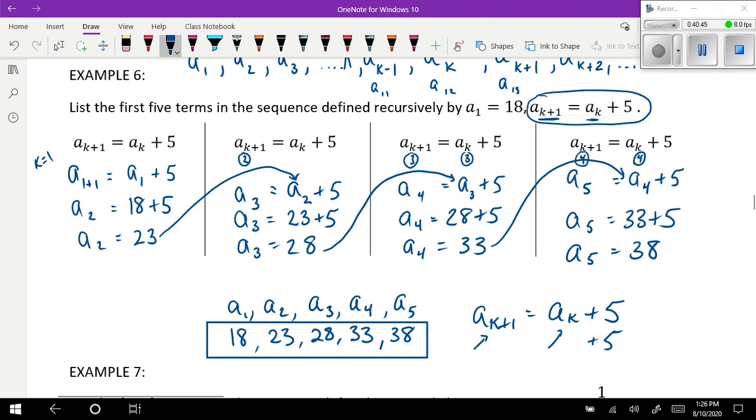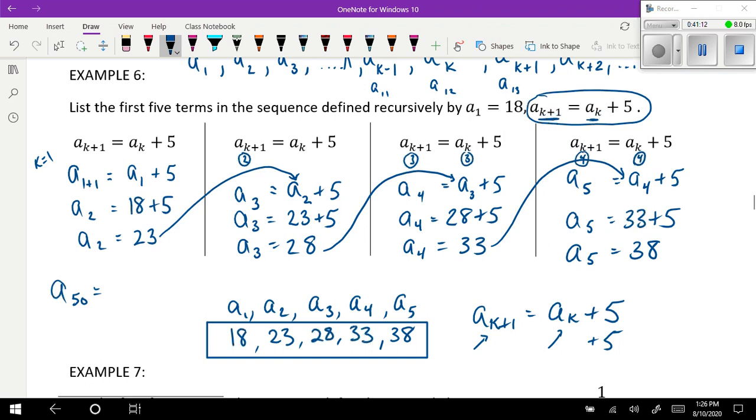And the terminology between recursive and explicit is kind of neat. With an explicit function, if I wanted a sub 50, I could just plug a 50 into my definition, and I can get my term for a sub 50. With this recursive definition, in order to find a sub 50, I need a sub 49.